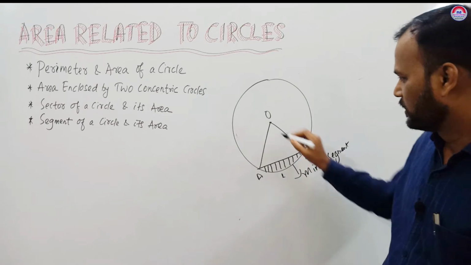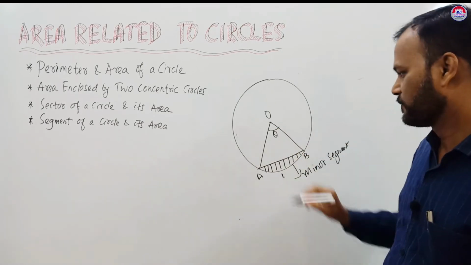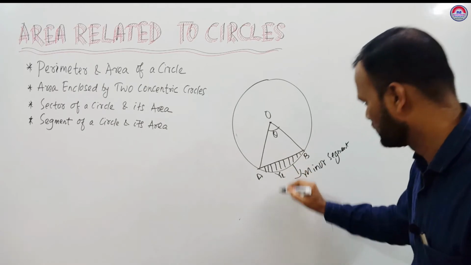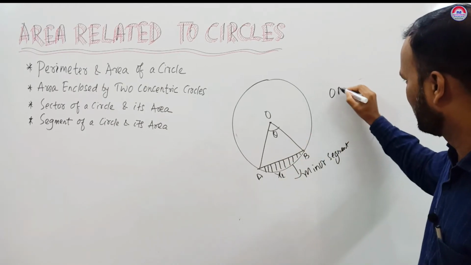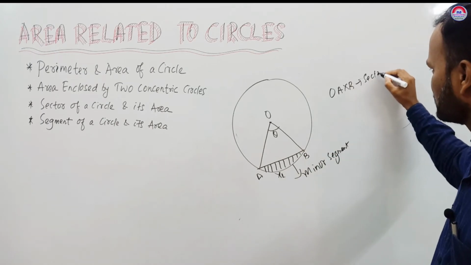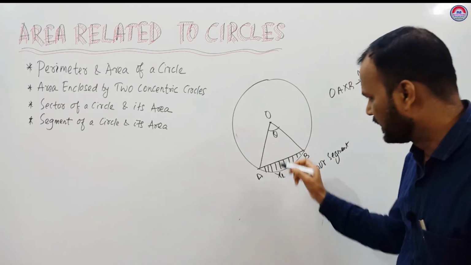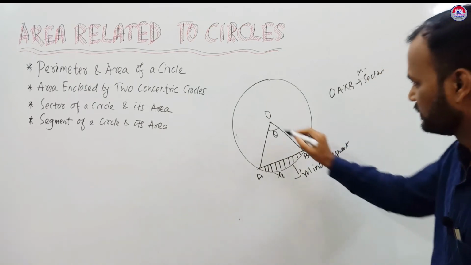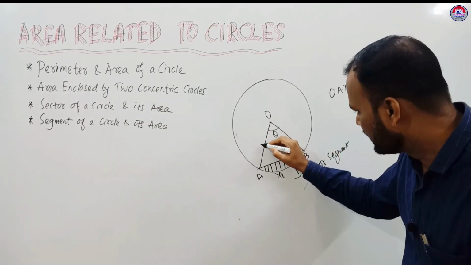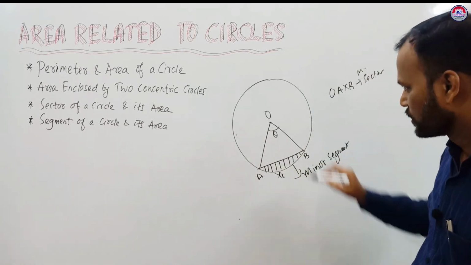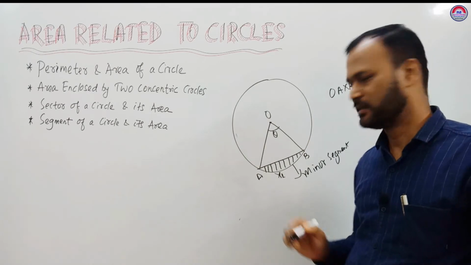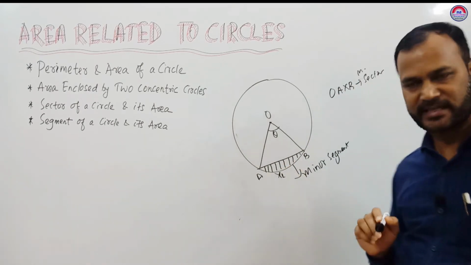We know the angle is theta. So OAXB is the sector, this is the minor sector. Then this one is a triangle formed using theta. This is the radius. So from the sector, if you subtract the area of the triangle, you get the area of the segment.